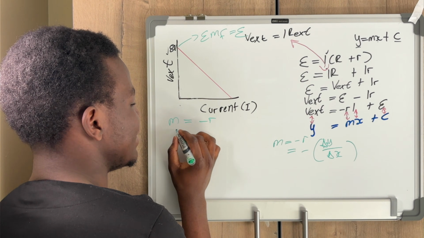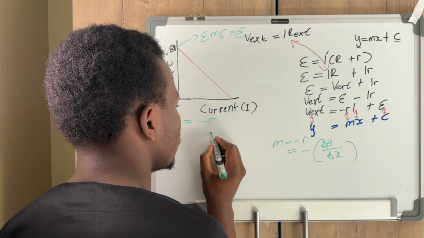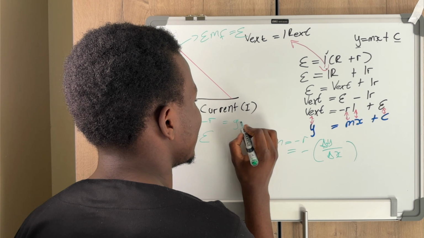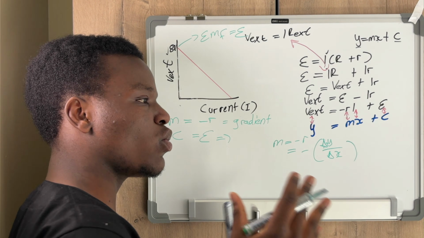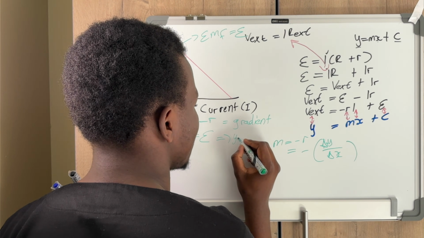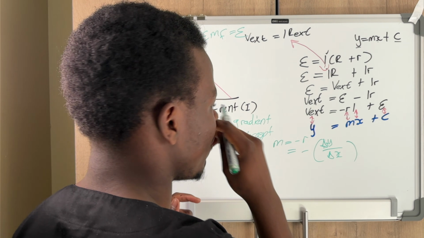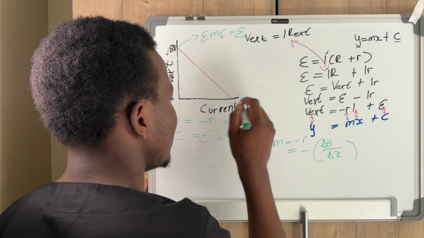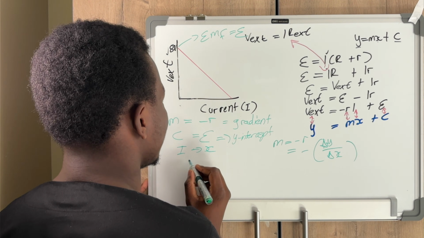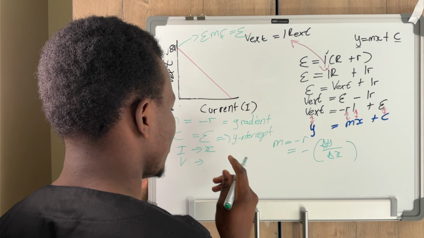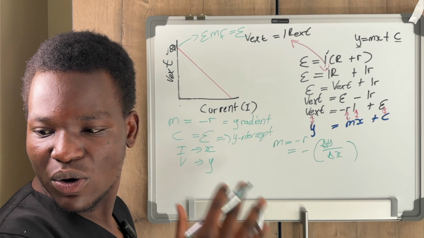We find that the C, or the y-intercept, equals to the EMF. This is the gradient. This is also the y-intercept. And then what else? We have also seen that on the graph, current is equivalent to the X, and then voltage is equivalent to the Y. So this is what we see here on this graph.